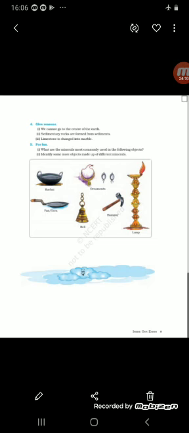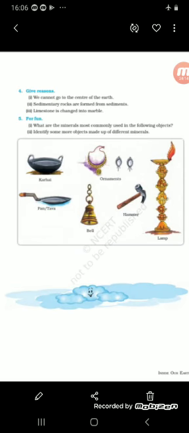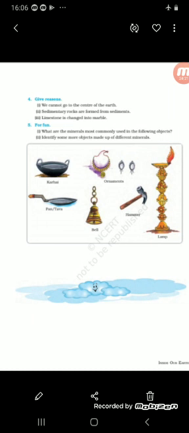Here are pictures of karhai, pan, tawa, bell, ornaments, hammer, lamp. Here are a few pictures. You have to find out the minerals most commonly used in the following objects.